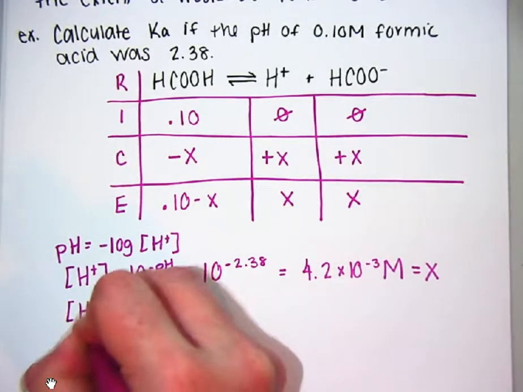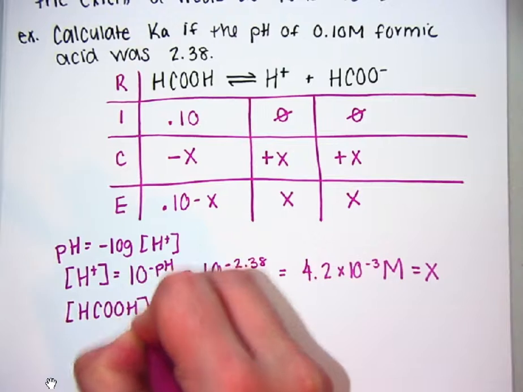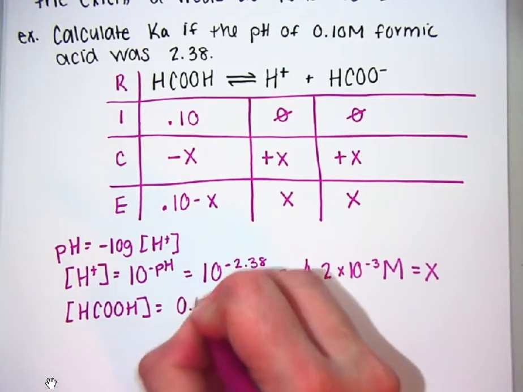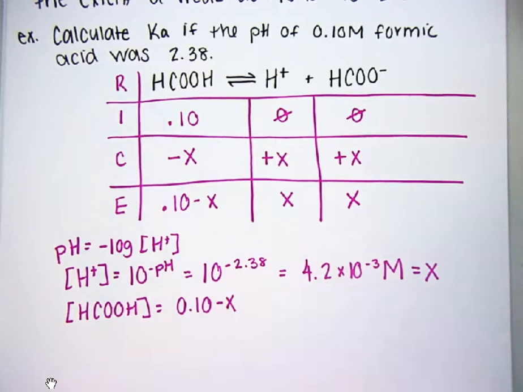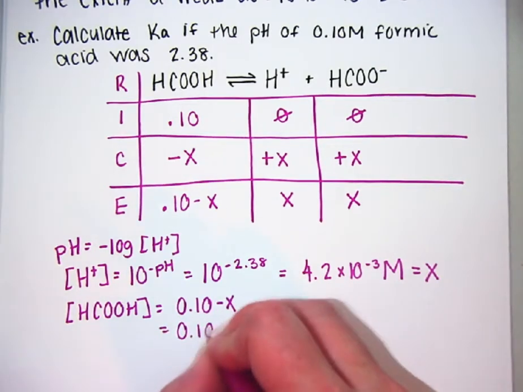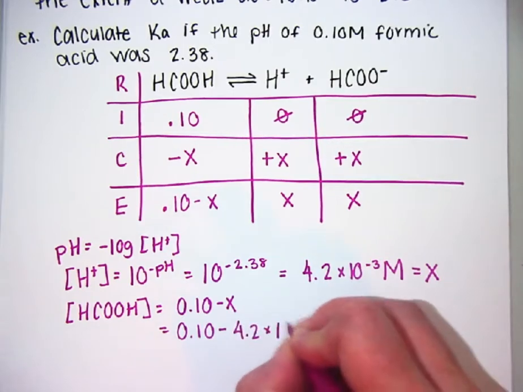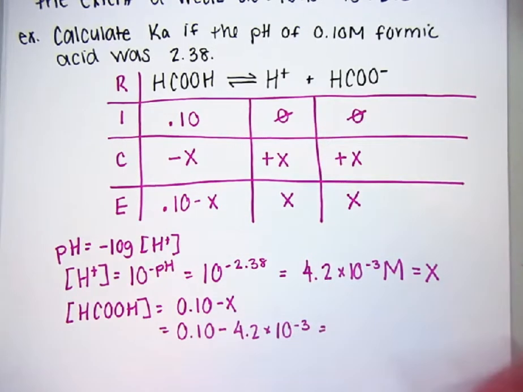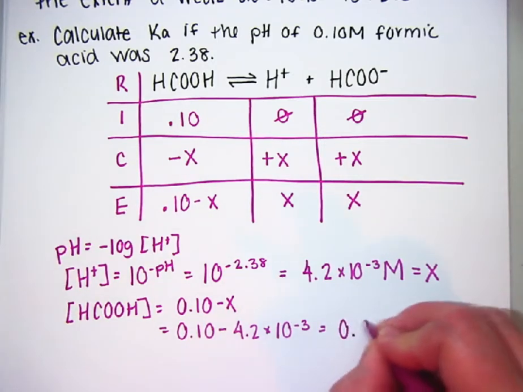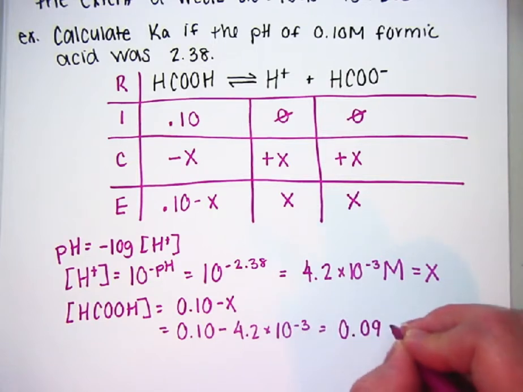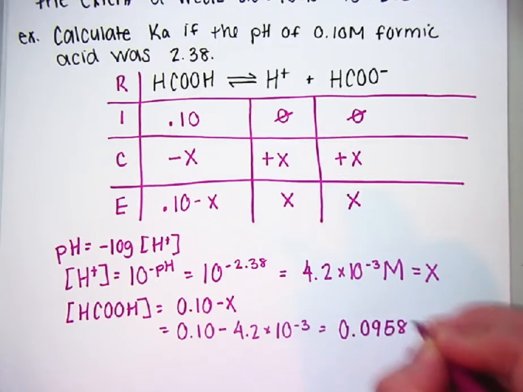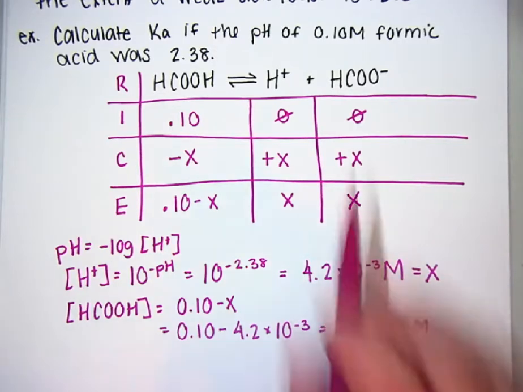So formic acid at equilibrium, the concentration would be 0.1 minus x. Alright.